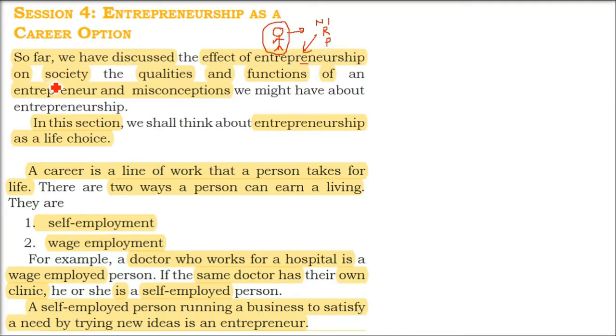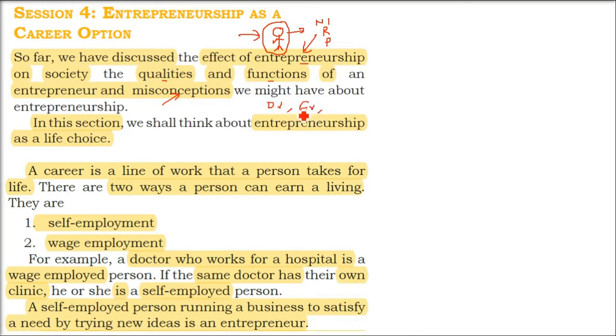So anyone who starts a business, how does he help this society, how does he benefit the society. And we also talked about the qualities and the functions of an entrepreneur. What are the attributes, characteristics, and what are their tasks? And what are the misconceptions? What are the wrong thoughts and opinions people have?